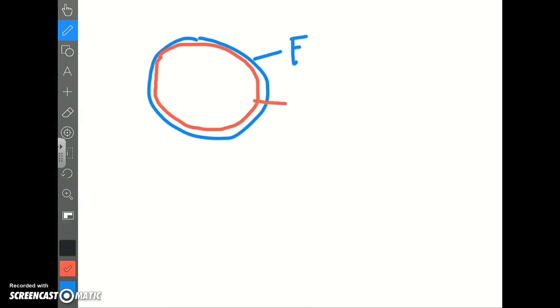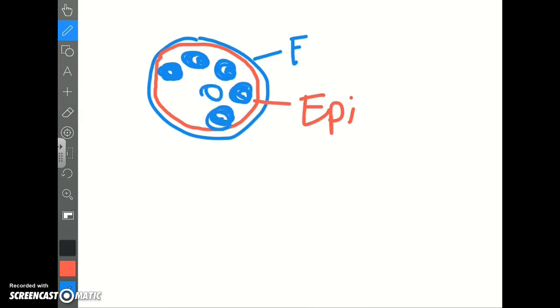That whole muscle layer is now called the epimysium. Within there, that is the whole muscle. The whole muscle is broken down into bundles of muscle. So each of these circles is a bundle of muscle. Okay? And a bundle of muscle is called a fascicle.